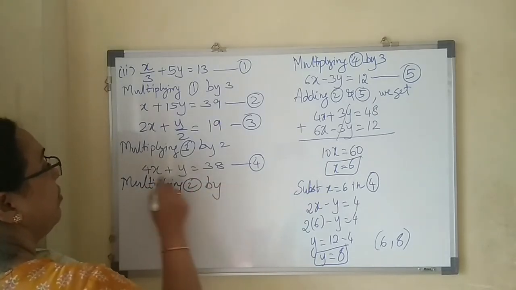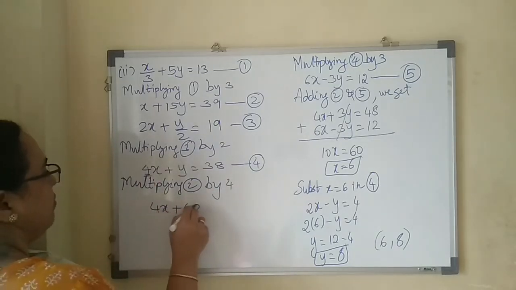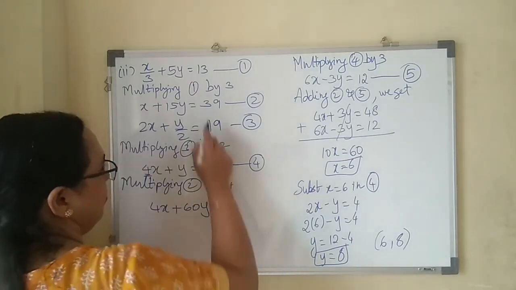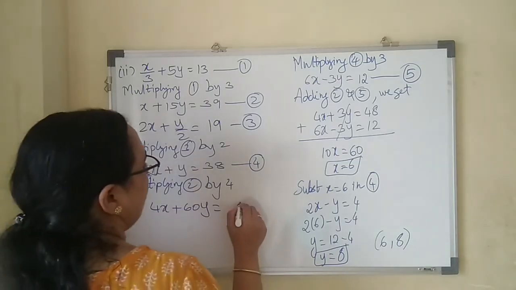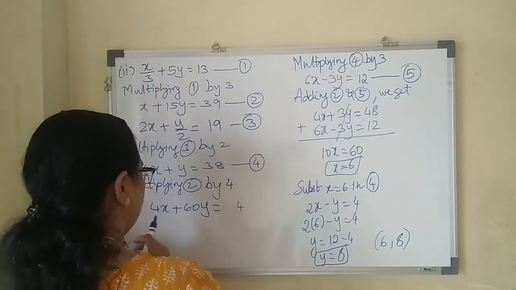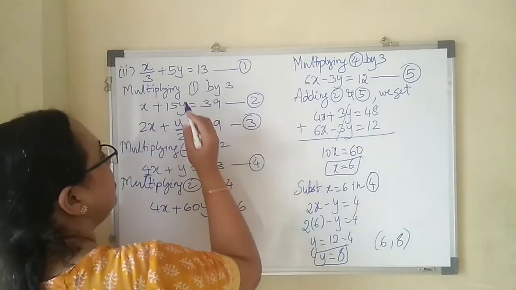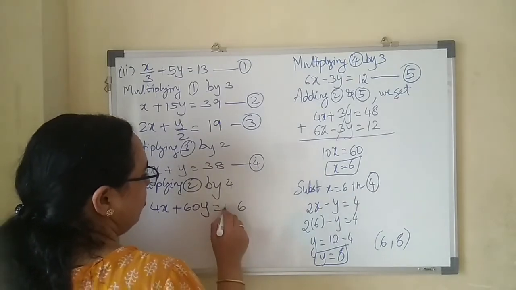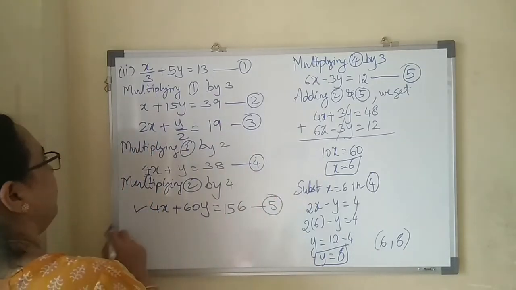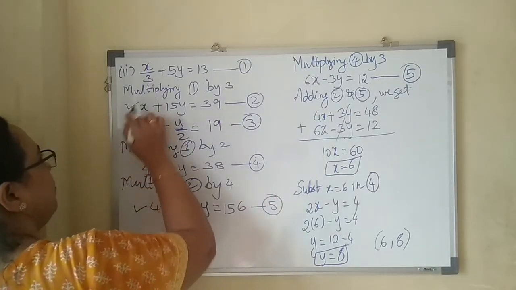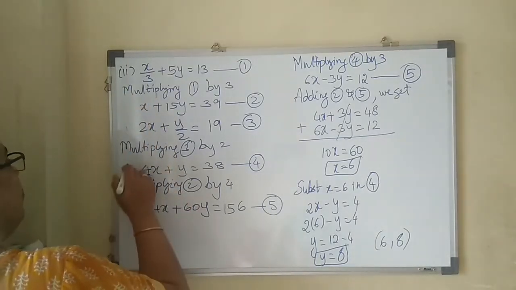equation 2 by 4. We obtain 4x plus 60y. And 39 fours are, what is 39 fours? 9 fours are 36, so 6 here, 3; 4 threes are 12 plus 3 is 15. This is the fifth equation. So now we look at the fifth equation and the fourth.